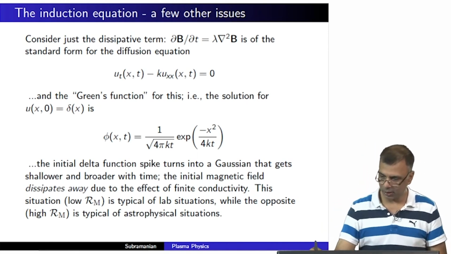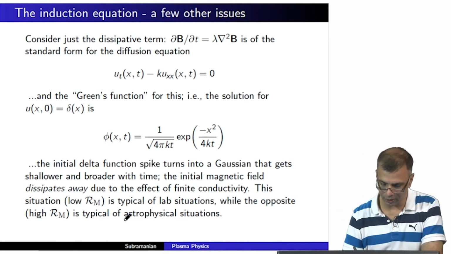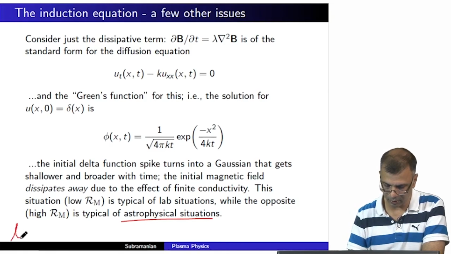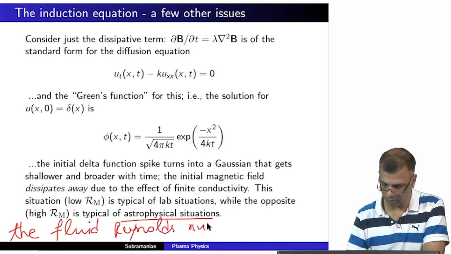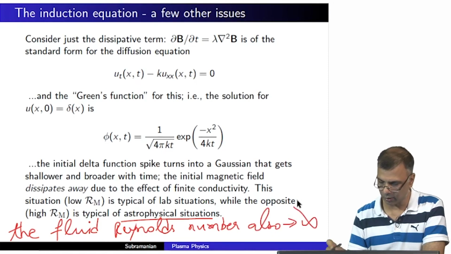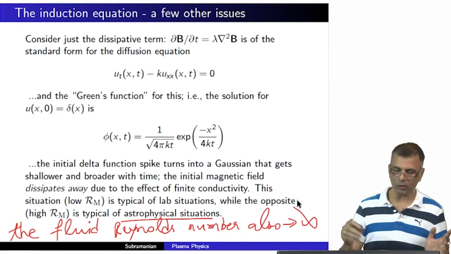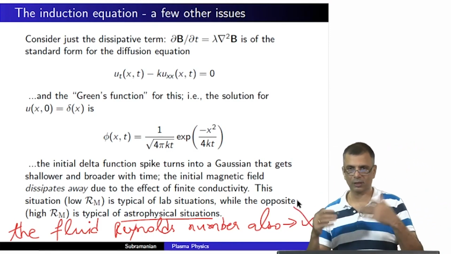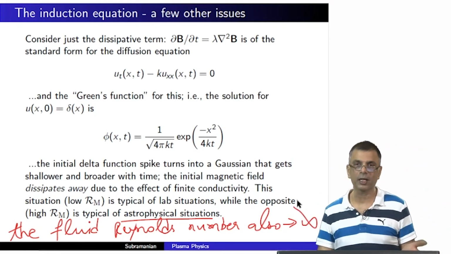So, in other words, in astrophysical situations, the fluid Reynolds number also tends to infinity. So, both the magnetic Reynolds number and the fluid Reynolds number in astrophysical situations are very high.